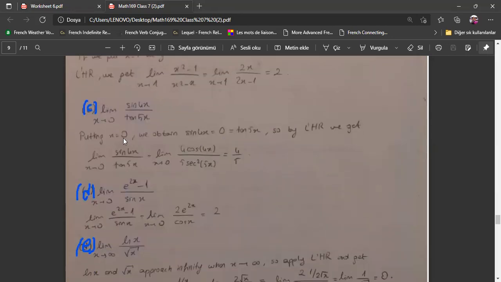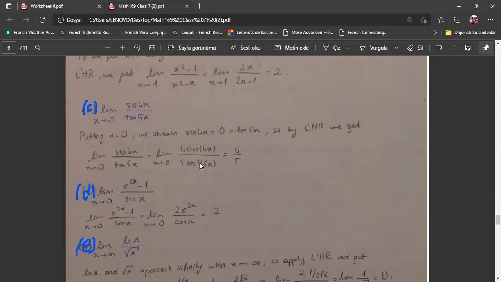What about this? When we put x equals to 0, sinus 0 is 0, and tangent 0 is again 0. The definition of tangent is sinus over cosinus, so we will have 0 over 1, so we get 0, right? Now we have 0 over 0. We apply the rule, taking the derivative of the first one gives 4 cosinus 4x, and we take the derivative of the denominator. We already did in the first classes, I guess.